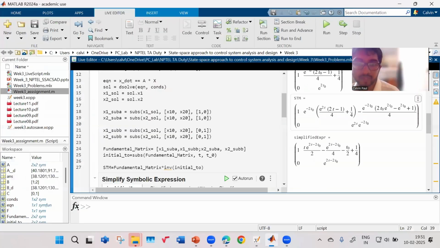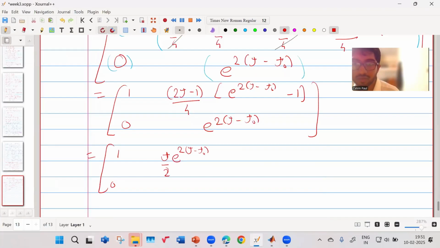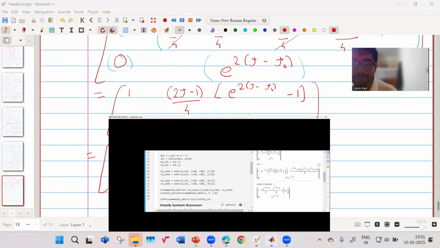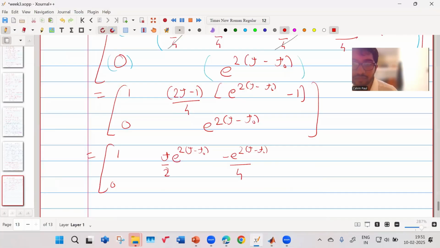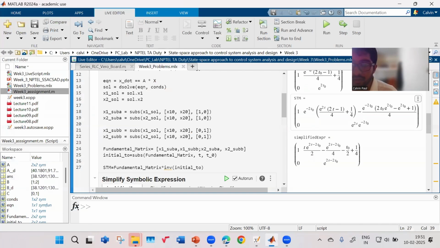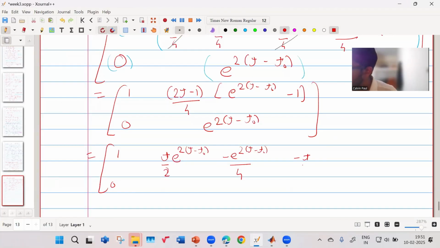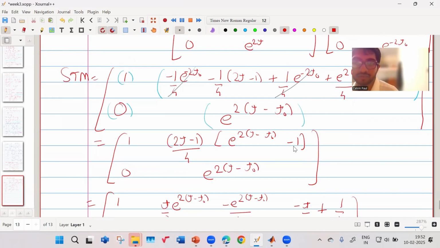This is 1 minus e to power 2 t minus t0 upon 4. Then minus t upon 2 plus 1 upon 4, and here e to power 2 t minus t0. Okay, so this is the expression we got, right?